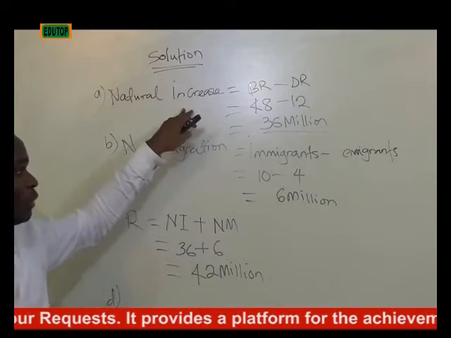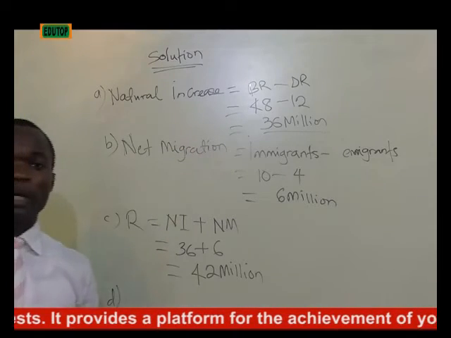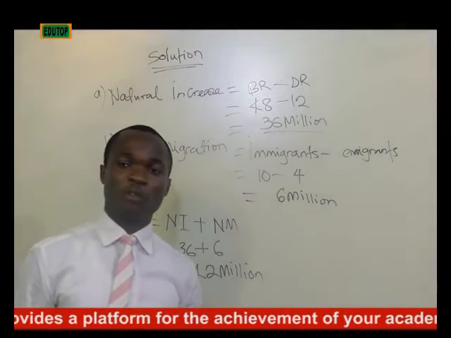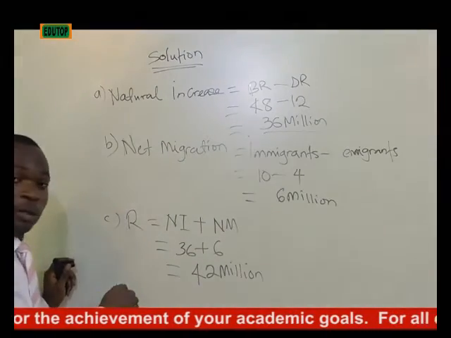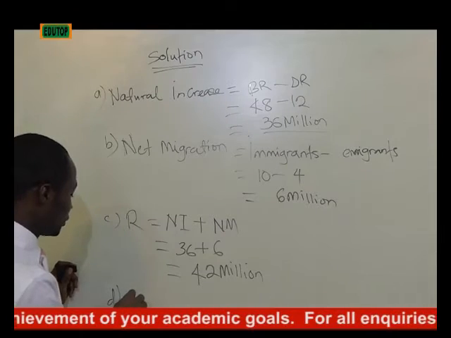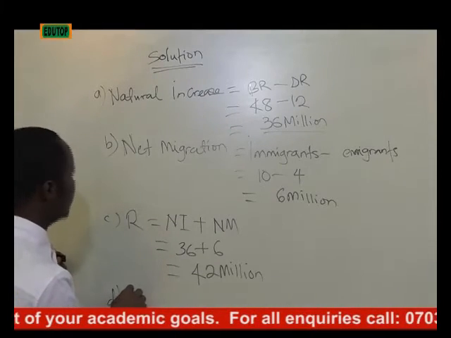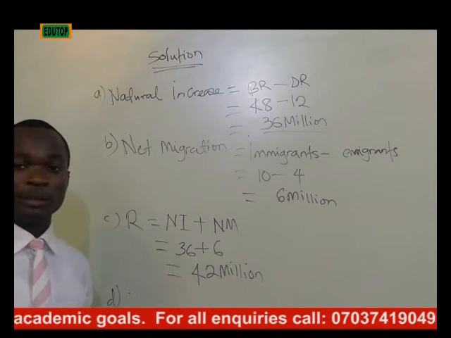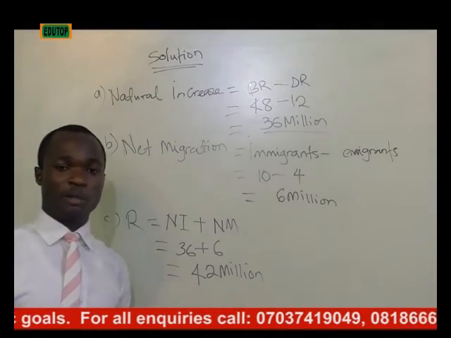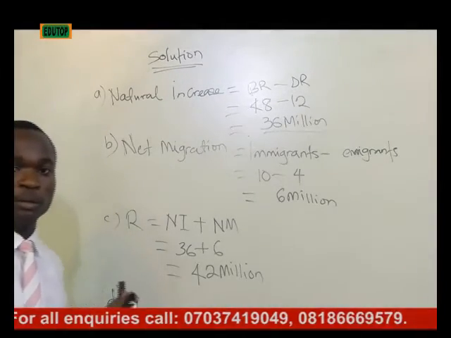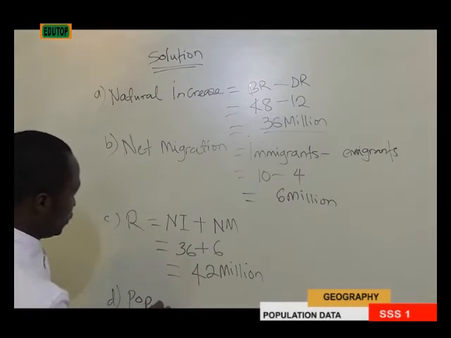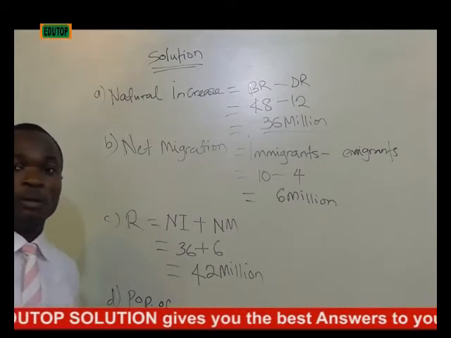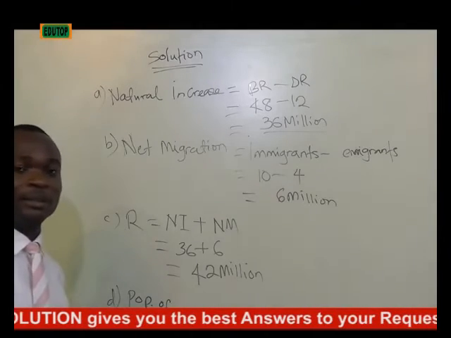If you put all of them together, you will get the population of the country in 1996. So let's go on. The population in 1980 is 56 million from the question. Population of the country in 1996.